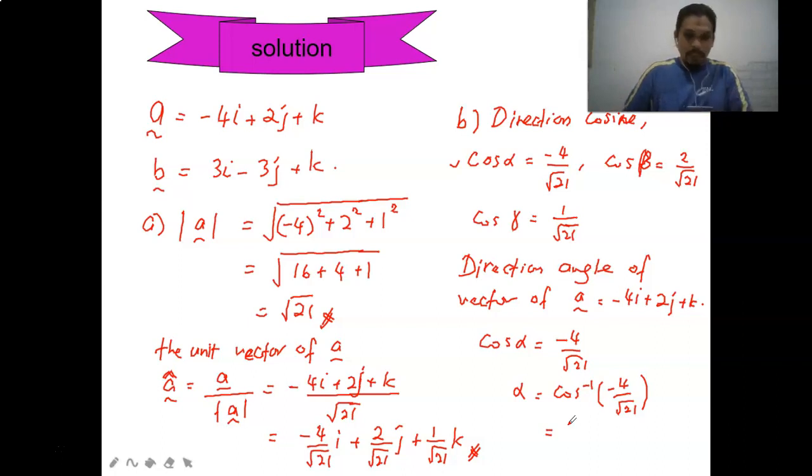It gives me 150.8 degrees. So this is for alpha.